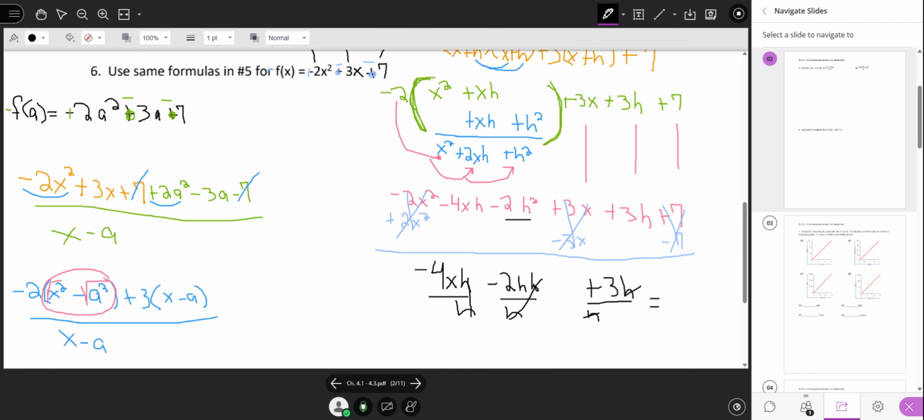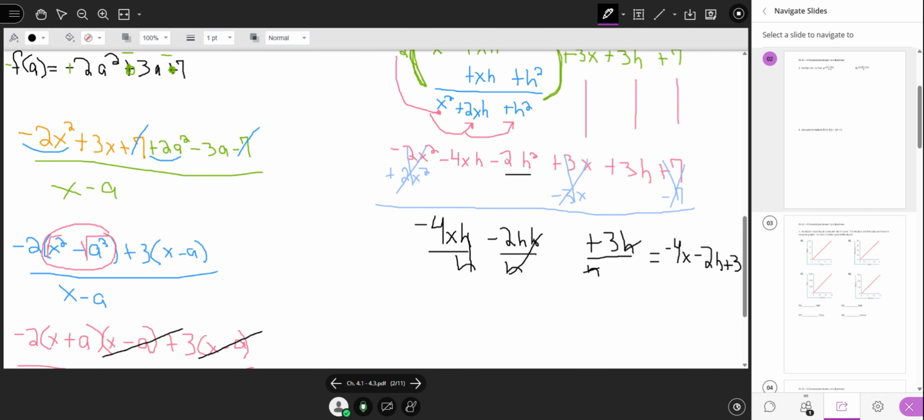So that gives us negative 4x minus 2h plus 3. Yuck.